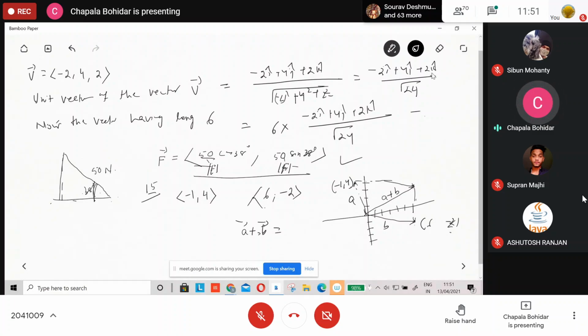Terminal, initial, so I am writing A plus B. Some 5 i plus 2 j. Yes, 5 i plus 2 j. It is in the first quadrant, is not it? Yes, ma'am.